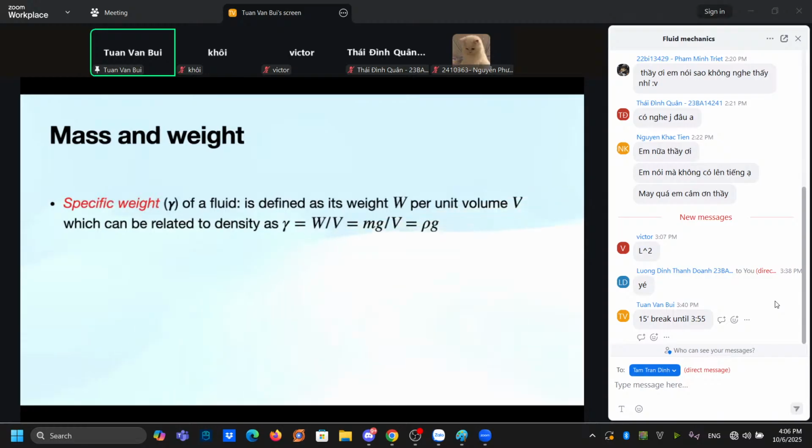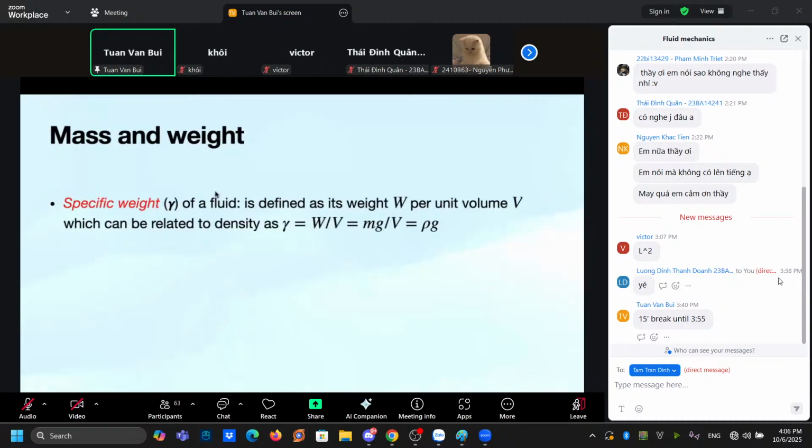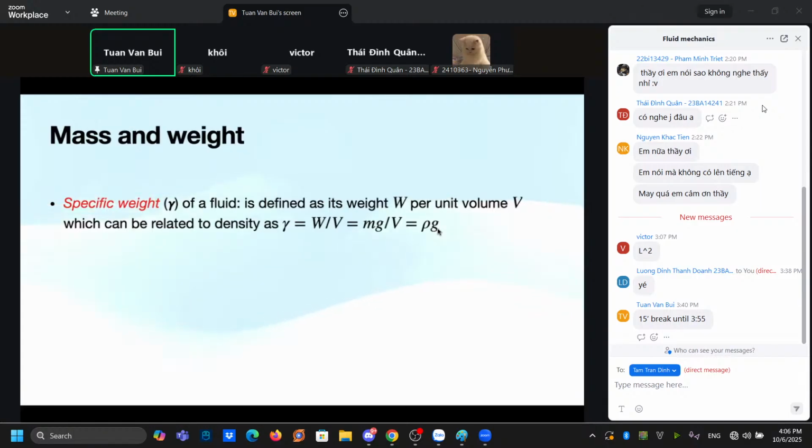Another term that you have is specific weight, gamma. So here gamma of a fluid is defined as weight W per unit volume V, and can be related to density. Gamma equals W divided by V, weight divided by volume. Because the weight equals mass multiplied by gravitational acceleration, mg, divided by V. So gamma will equal rho multiplied by g.